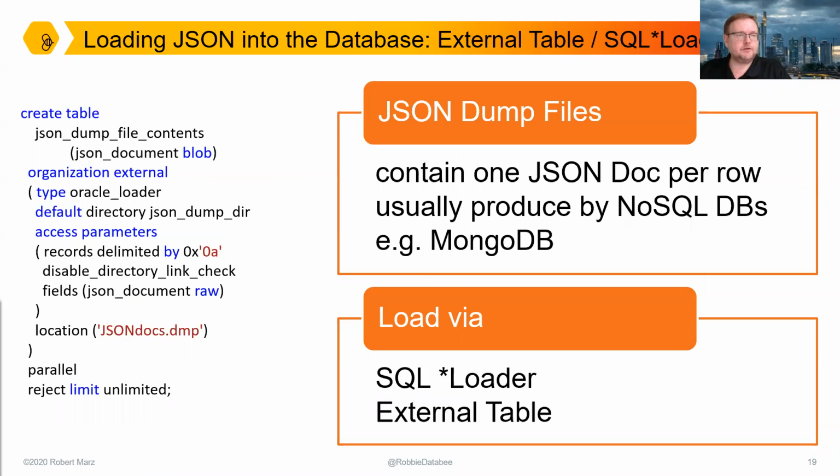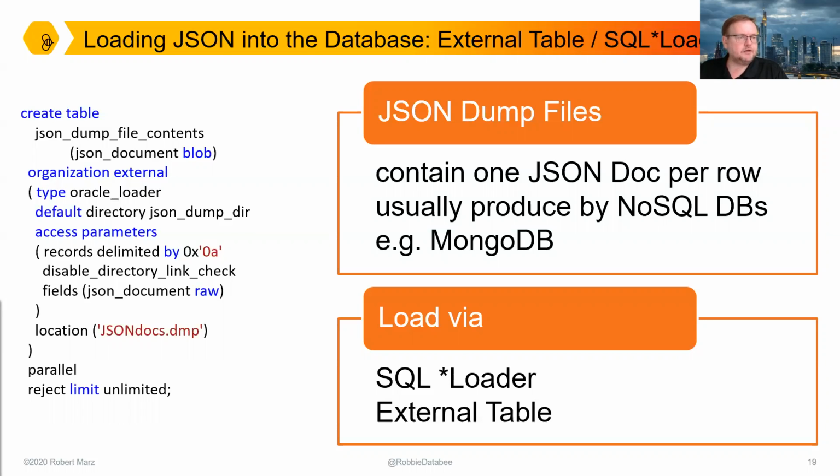Another very good and very fast way is to use external tables or the SQL Loader. Usually you will receive JSON files as JSON dump files, especially when those are exported from JSON document databases, NoSQL databases like MongoDB.